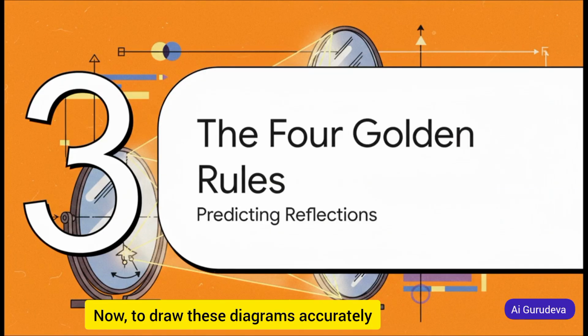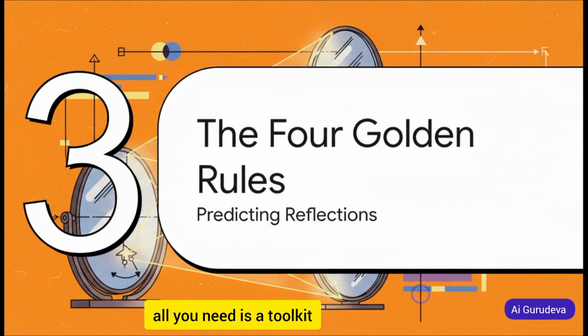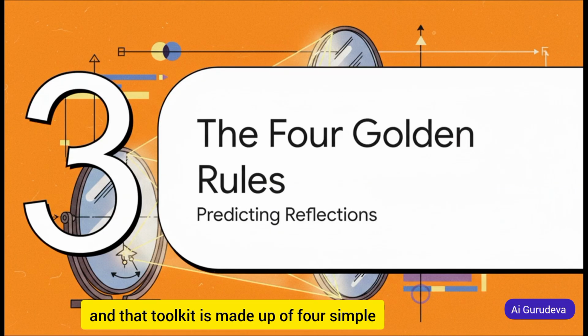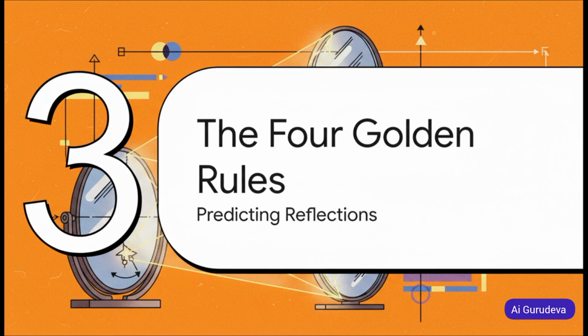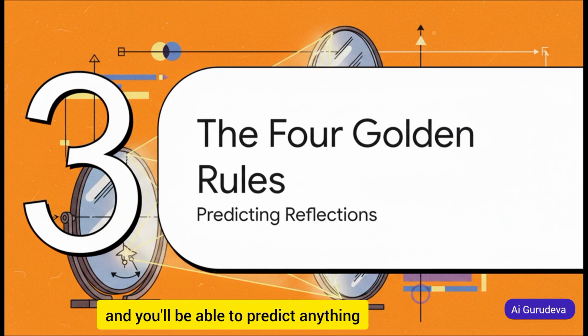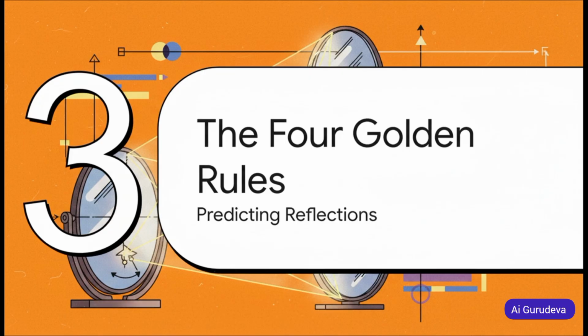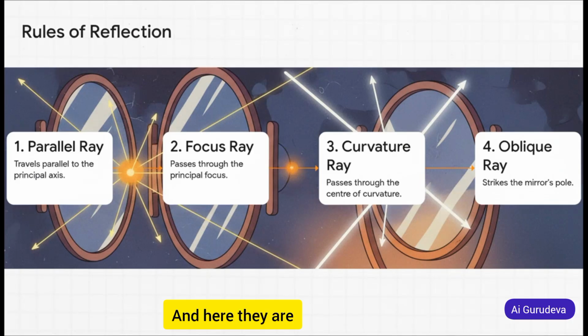Now, to draw these diagrams accurately, all you need is a toolkit. And that toolkit is made up of 4 simple, unbreakable rules that tell us how light rays behave when they hit a spherical mirror. So let's get these down and you'll be able to predict anything. And here they are, our 4 golden rules.